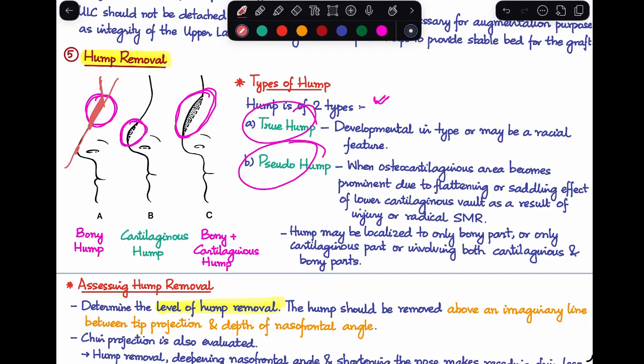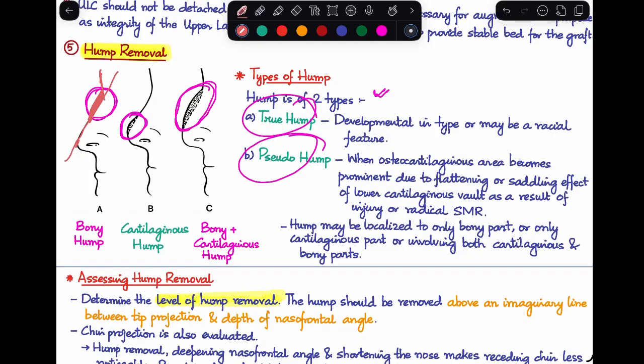Next, we also evaluate the chin. It is very important that you look at the chin, because sometimes how the chin looks, based on your hump removal and how much you deepen the nasofrontal angle and how much you shorten the nose, it can actually make a receding chin look less noticeable. And if the patient does have a receding chin, in that case that should be treated with the help of mentoplasty.